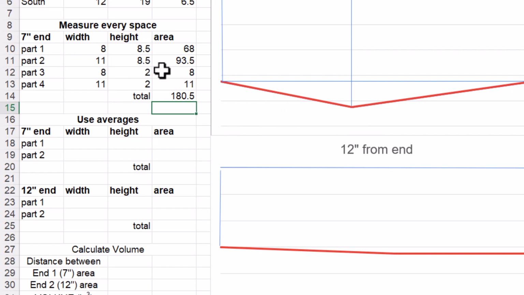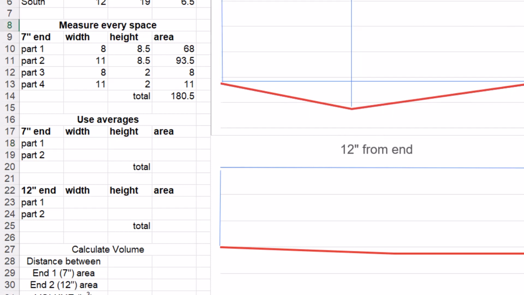I did this the long way so we could see when we do it my way that this goes pretty fast. So we have to measure each section where we measured height. That we can't avoid. But we don't have to measure out rectangles and triangles. We can just measure this quadrilateral here that has two 90-degree angles and then these two opposing angles.